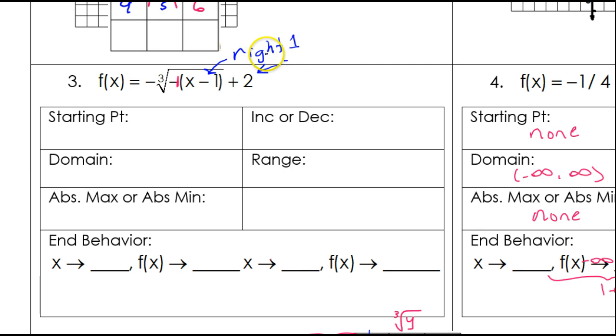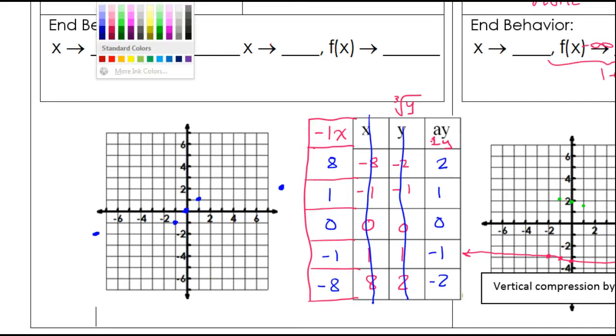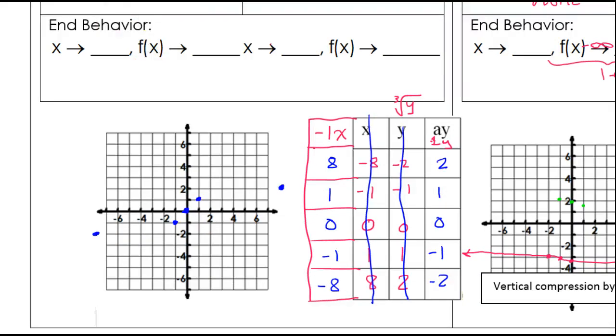Well, we already said to the right. So what does it mean when we're outside the radical? Up. Right, so that's up 2. So right 1 and up 2. We're going to move each of these 5 points right 1 and up 2. So that's going to be here, right 1 and up 2.